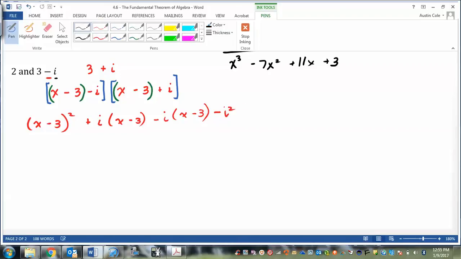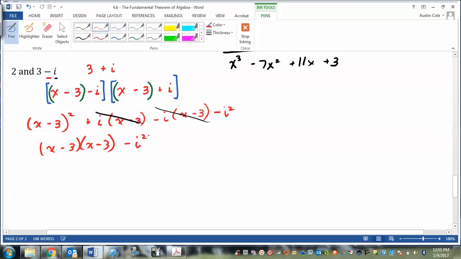What happens on my inside here? They go away, don't they? Those go away. So I'm just left with x minus 3 squared, which I'm going to write out. X minus 3 times x minus 3 minus i squared. Guys, what's i squared? It's negative 1. So this is like minus a negative 1, which is plus 1.